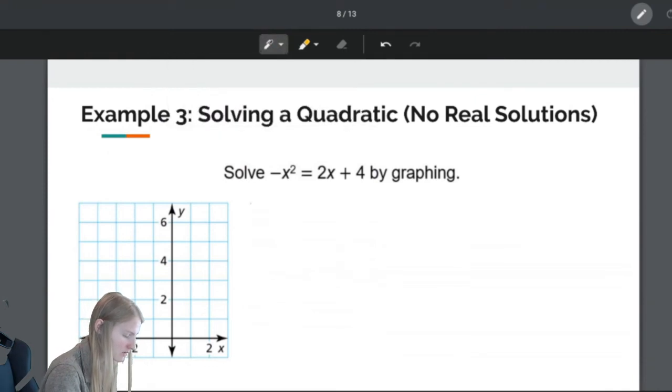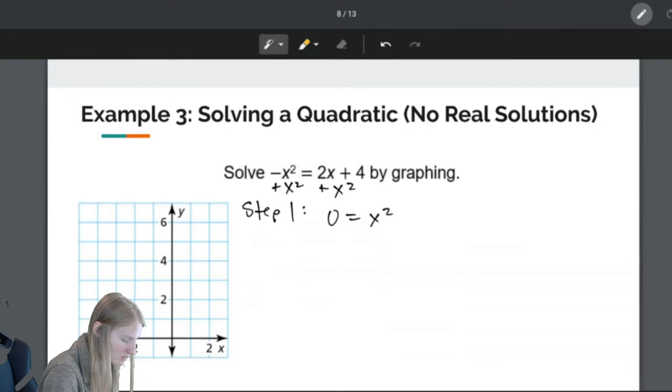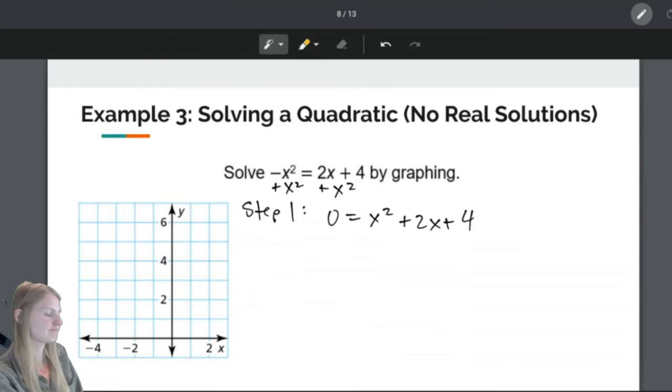And now, step 1 is to get this in standard form. So if we move the x over to this side, we'll get 0 equals x squared plus 2x plus 4.